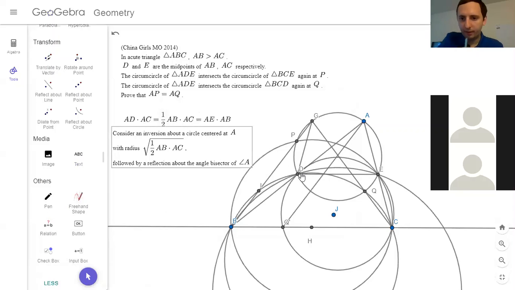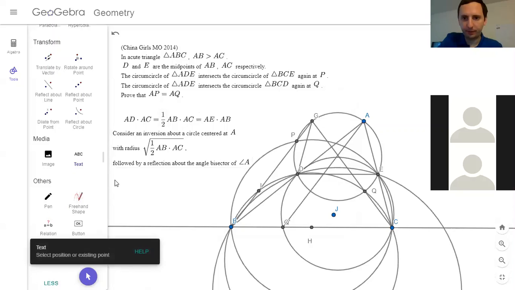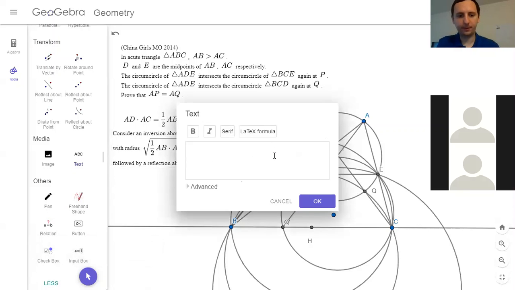So D and C are swapped, and then B and E are swapped.